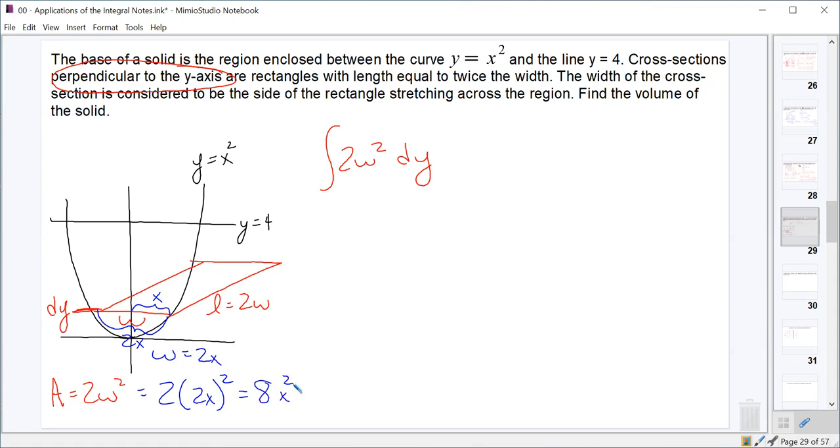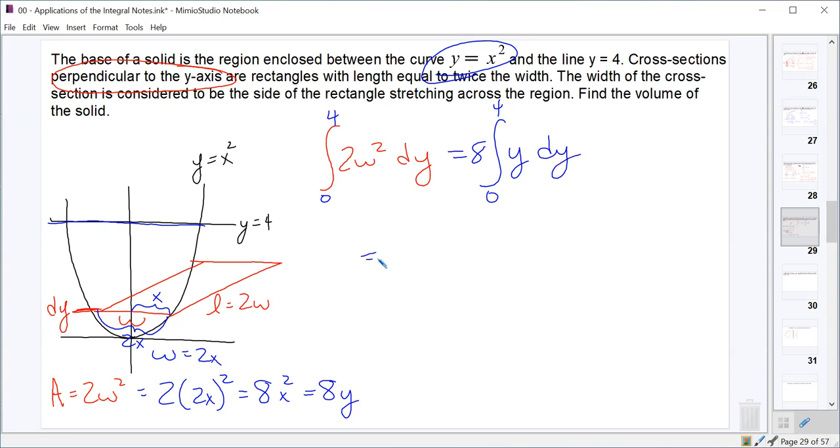And then, because we need to turn it into terms of y, we'll look up here that y is equal to x squared, and we'll replace that x squared with a y. And so now our integral, which is from 0, the lower limit of this region, to 4, the upper limit of this region, should become the integral from 0 to 4 of 8y dy.